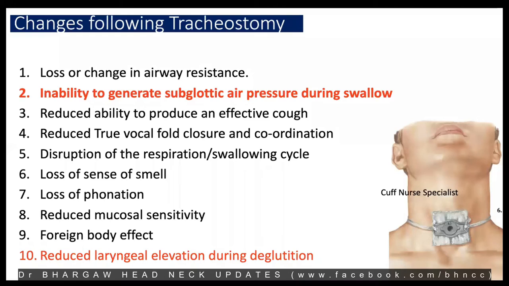I showed you in the beginning of the video the larynx, where the vocal cords come together and the epiglottis closes off the laryngeal inlet. So when there is a positive subglottic pressure in a normal person, the vocal cords remain closed and really tight, and they're on the same plane. That helps prevent any liquid or food bolus from going down.